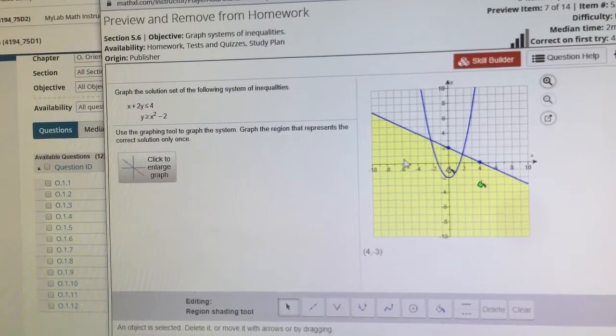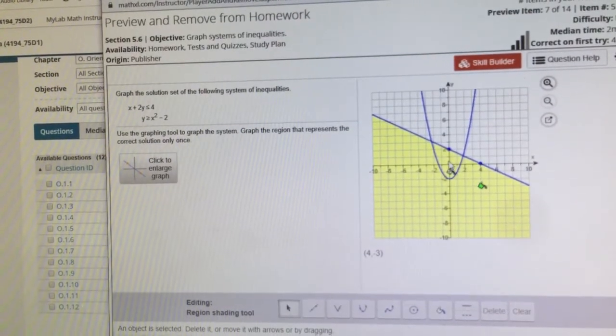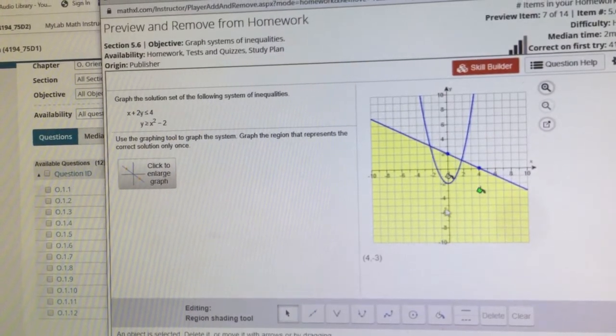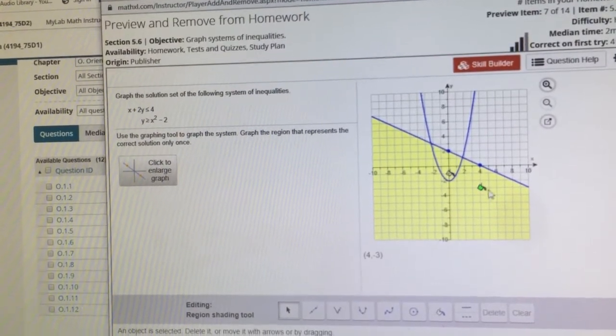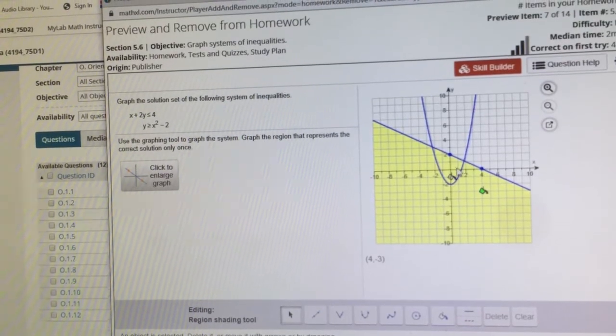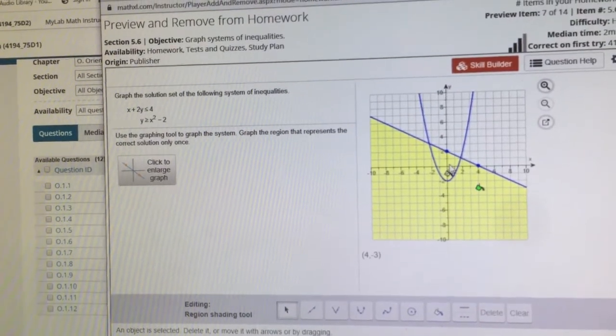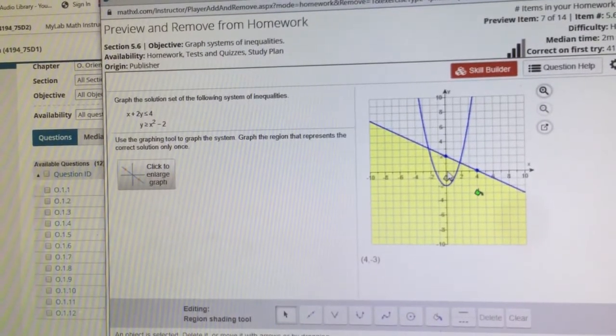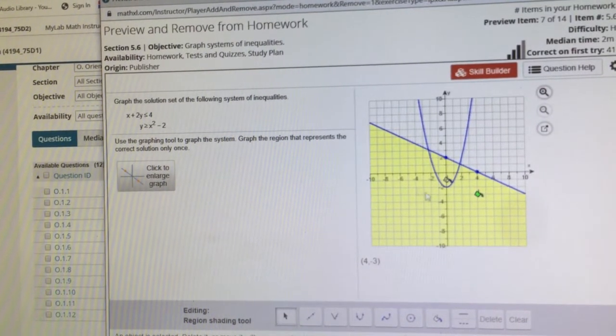All right. Now for the parabola, is it shaded inside, which means I'll have just this and I'll delete this off? Or is it shaded outside of it, which means I'll keep this and I'll delete that part? Okay, so you're going to have to try a test point, which I can do 0, 0 on this because it does not go through 0, 0.